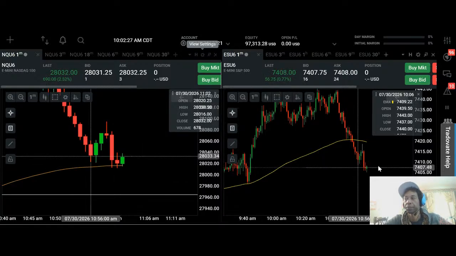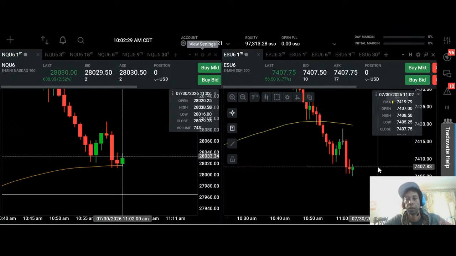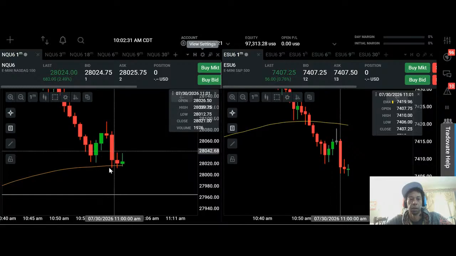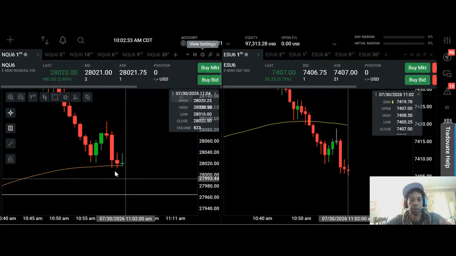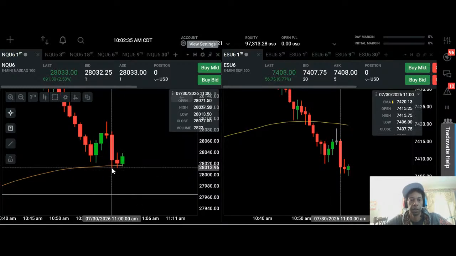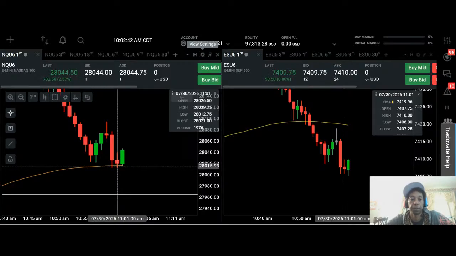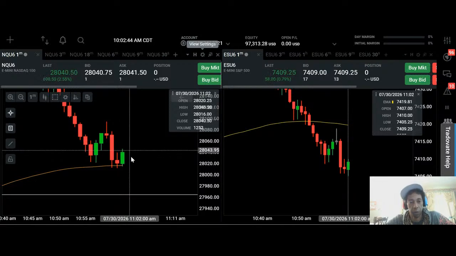Just like that, if they're gonna keep going. What is this right here? This low is 1350. This low here is 1275. So that would be probable, especially if we get a red candle to fall through it.